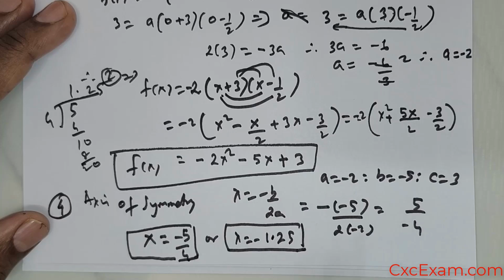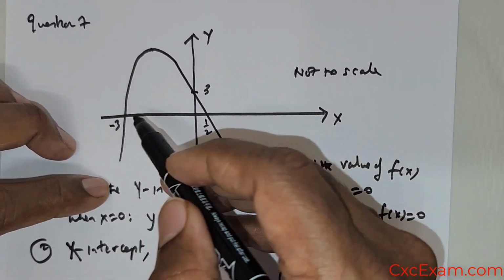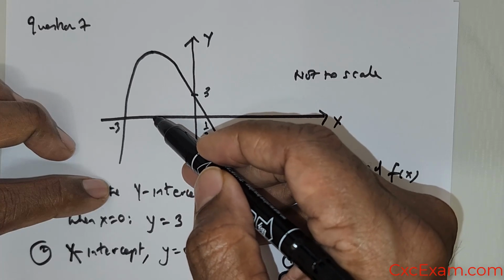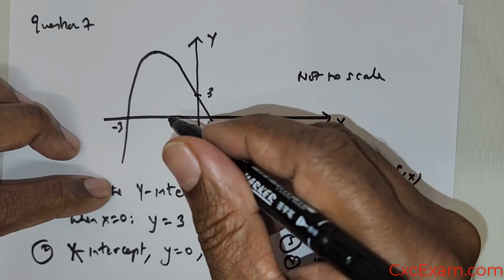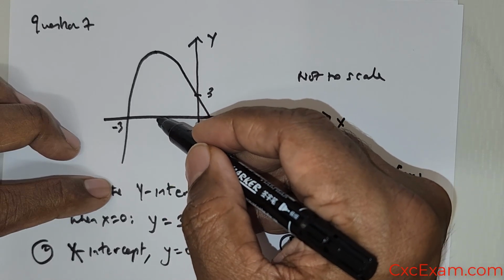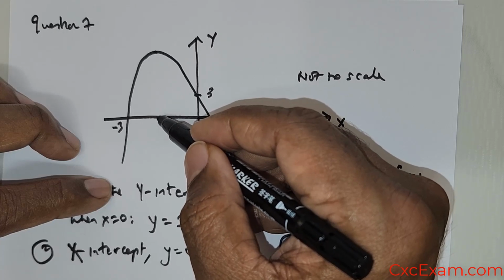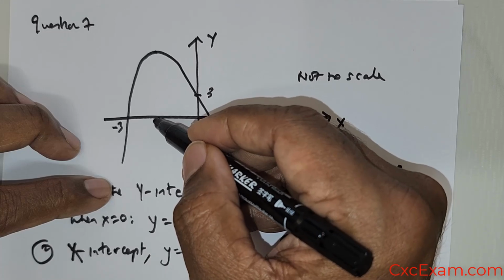Now having got this, this point would be the value that we are looking for. I don't want to plot it here because I prefer to just indicate to you. So this would be my x is equal to negative 1.25. So that would be the point.